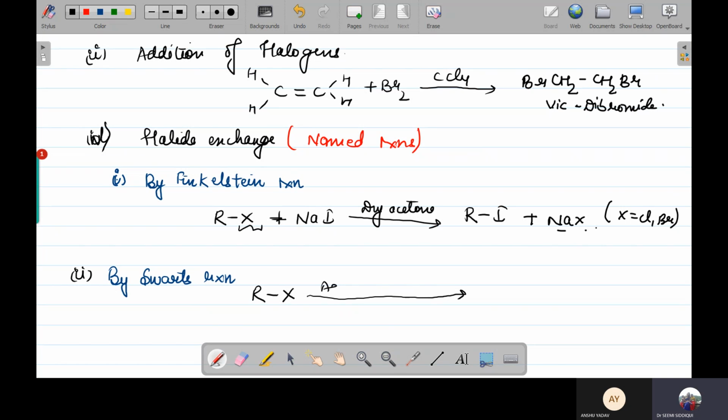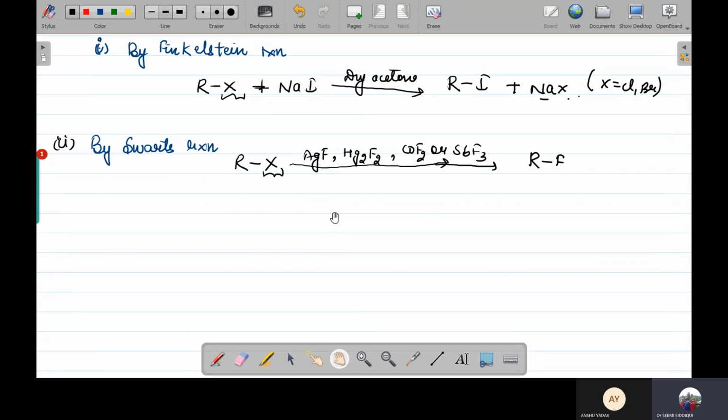You can take AgF, you can take Hg2F2, you can take CoF2, you can take SbF3. So what is going to happen? The halogen which was present in the reactant will get replaced by fluorine.